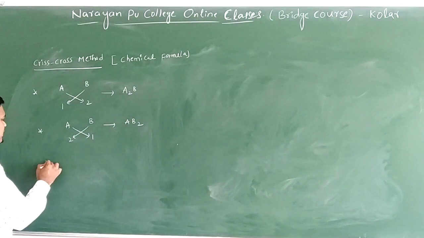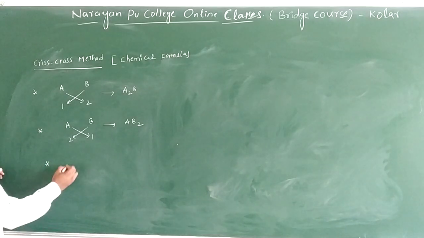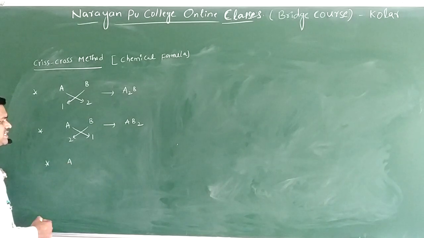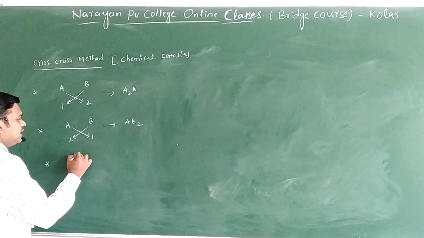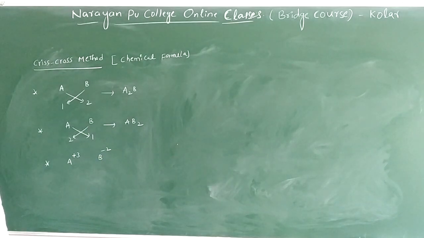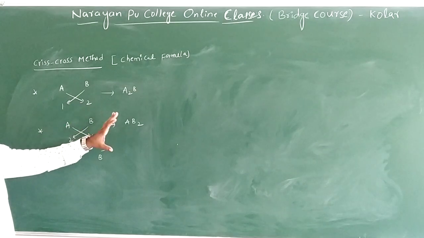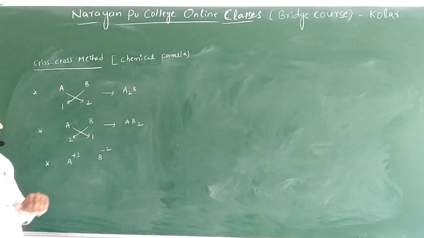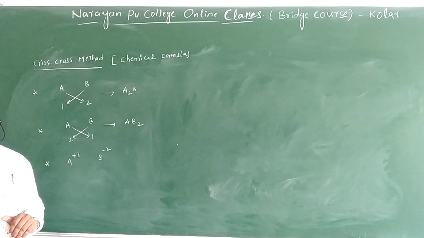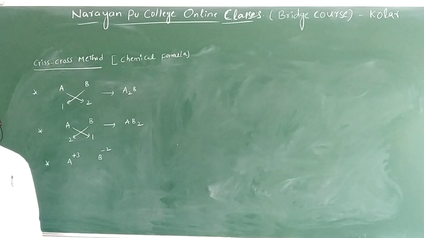Here valencies are given. Sometimes they will give charges also. Suppose A is +3 and B is -2 is given like this. Not only are we using valencies to write the chemical formula of the compound, sometimes we have to use the charges also. The charges may be positive or negative.